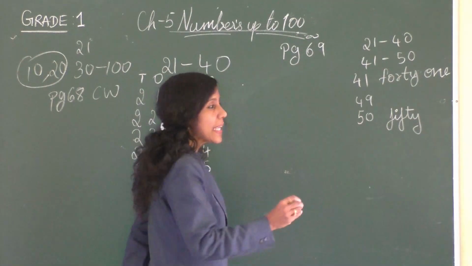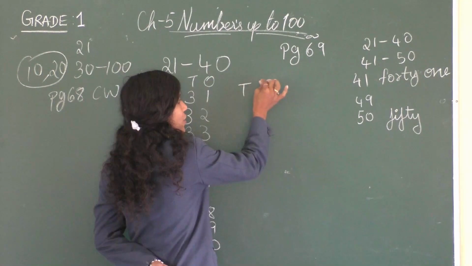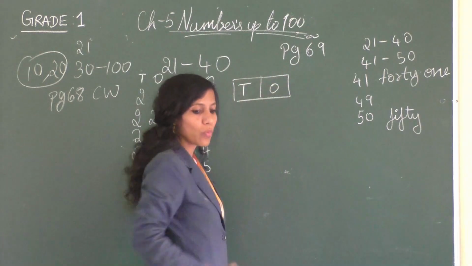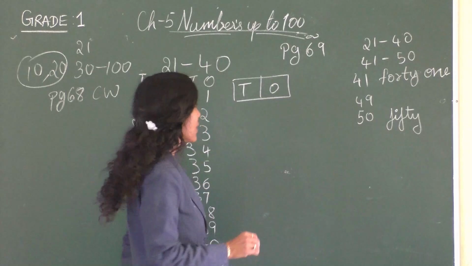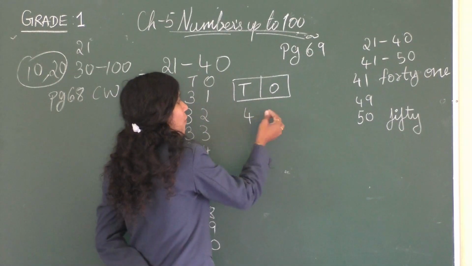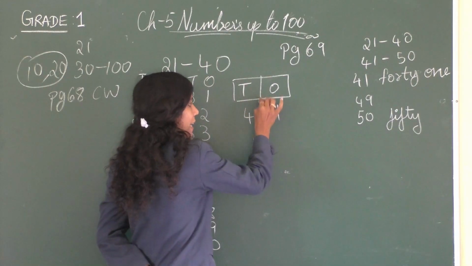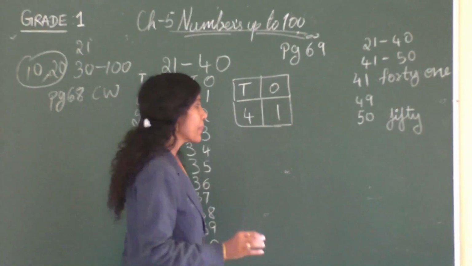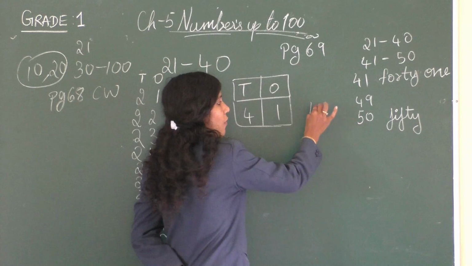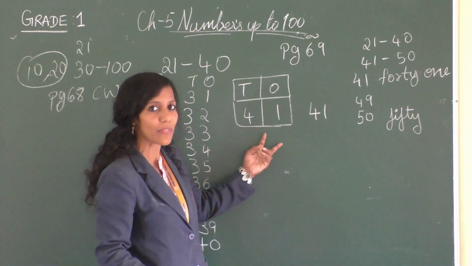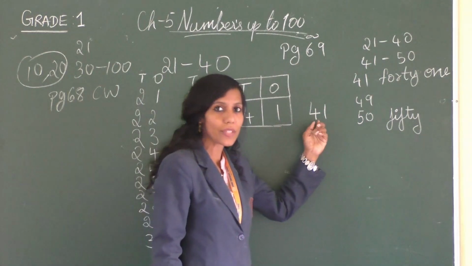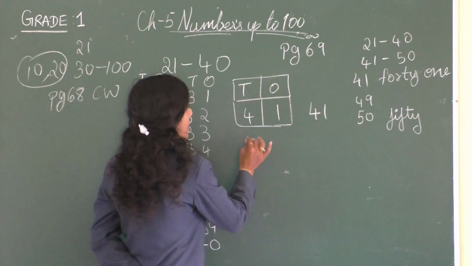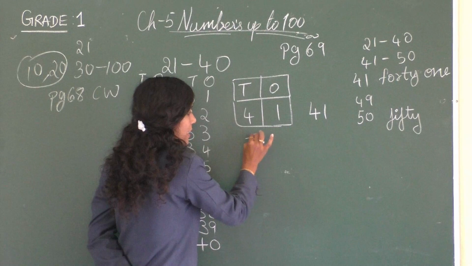Here they have given you numbers under the denominations tens and ones. 4 under this, 1 under this. What you have to do is simply write them together. These are two different numbers; you write them together, making it 41.